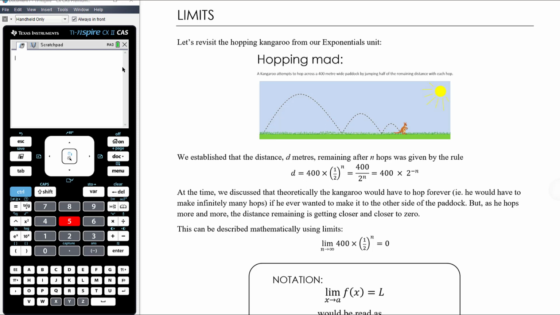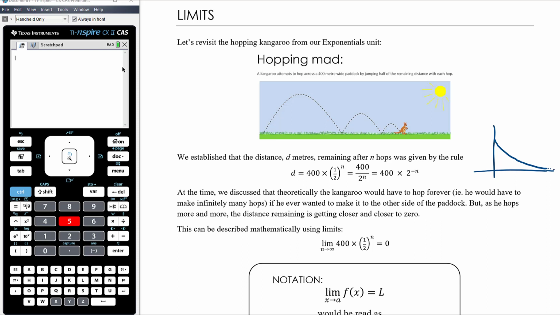We used this as an example where we see exponential decay, essentially that reflection in the y-axis, which means the remaining distance is decreasing with each hop. But we also talked about it as an example of the fact that the kangaroo will technically never have zero distance remaining.